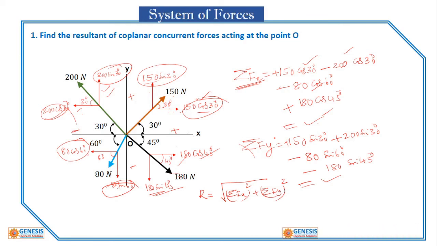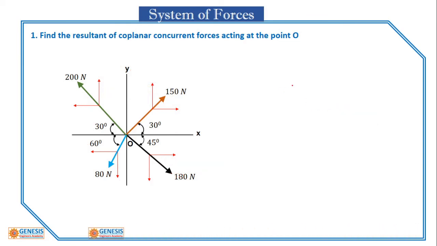If sigma Fx is positive, that is towards the right, and sigma Fy is also positive, then the resultant will be in between, at angle alpha. So that is one situation. This is the resultant.